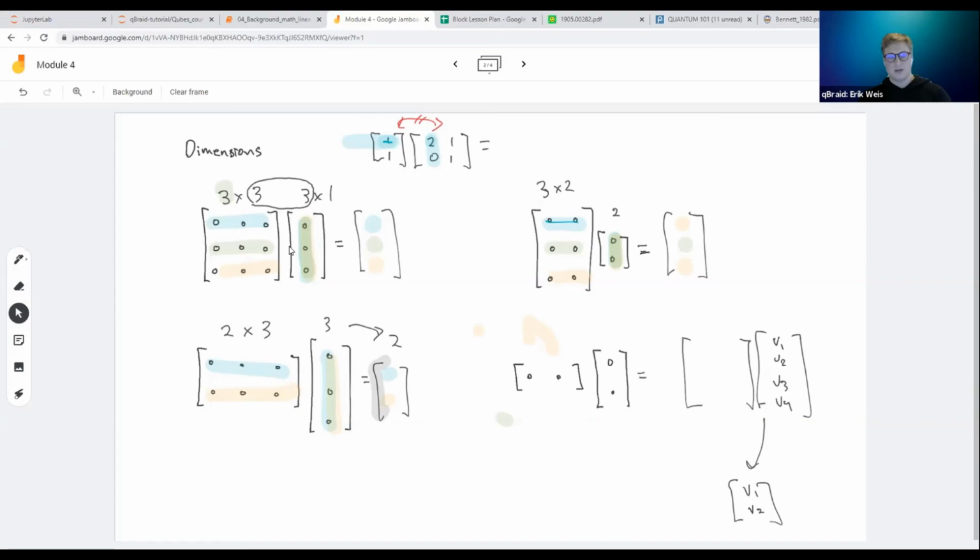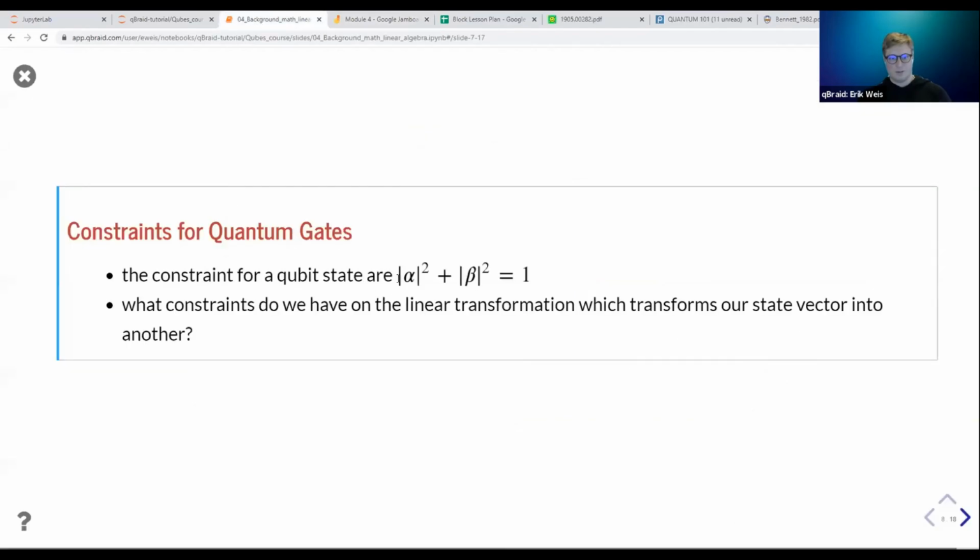Matrices that take the dimension of the input vector, which is given by the number of columns, and map it to the dimension of the output vector, which should be the same. So we'll have 2 by 2 matrices, 4 by 4 matrices, etc. And this Born's rule, this probability constraint, is something that Andrea will talk to you about in the next talk. All right, so any other questions before we move on?